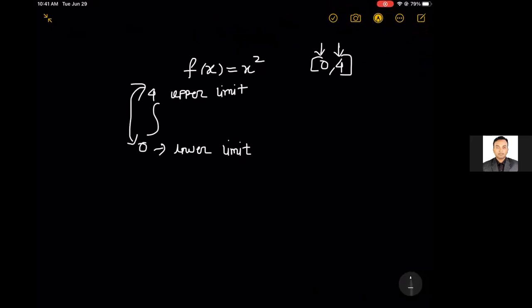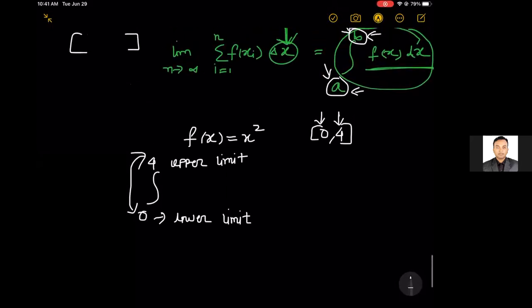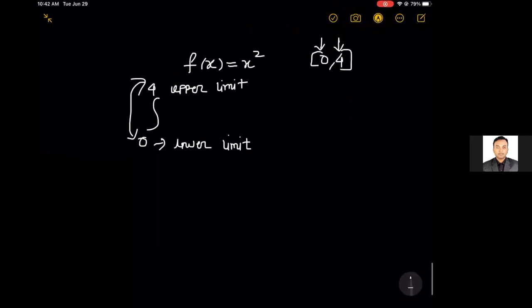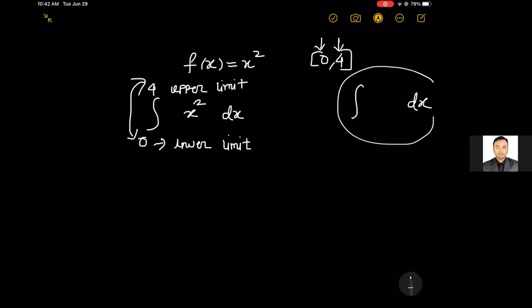We have to limit ourselves. We have to hold ourselves back and not go beyond this. Okay. And this is the notation of integration. If you remember, we did say that in 4.9, we have to write the function here, which is x squared.